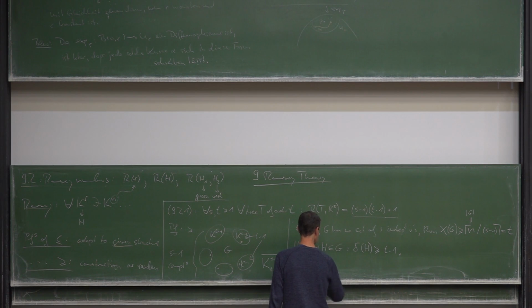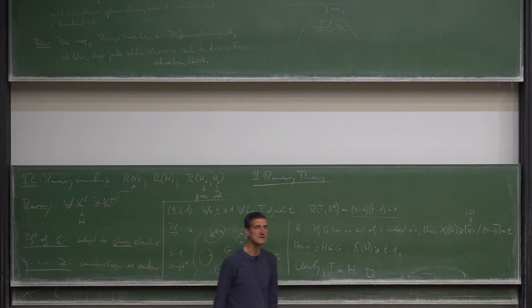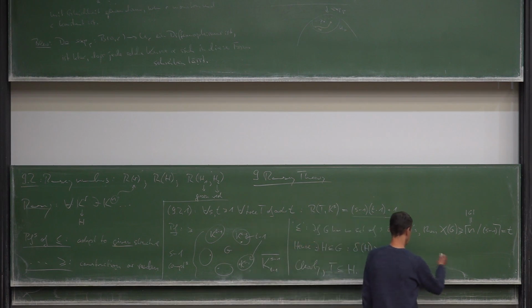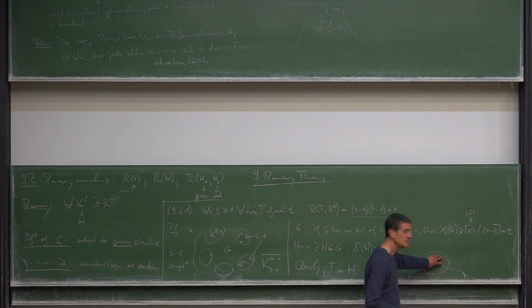And then I write clearly, and I'll show you why it's clear. This H contains a copy of T. And that's easy. We just embed T. T has little t vertices, right? We just embed that vertex by vertex, always keeping the embedded part connected.